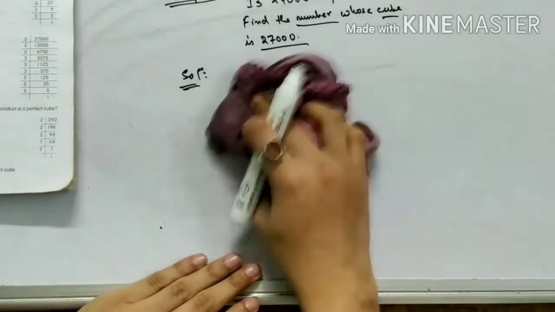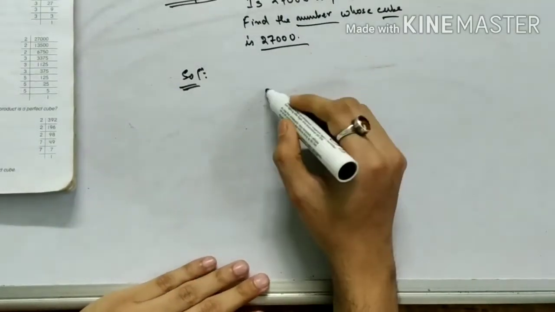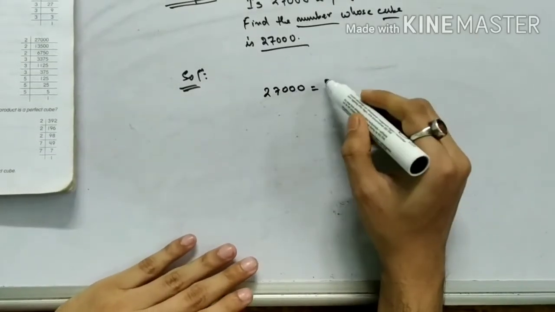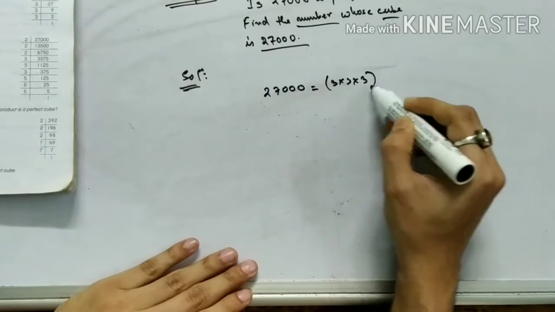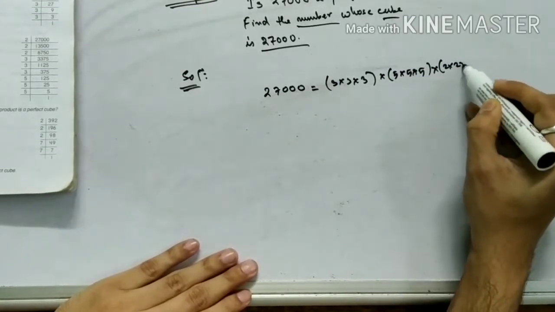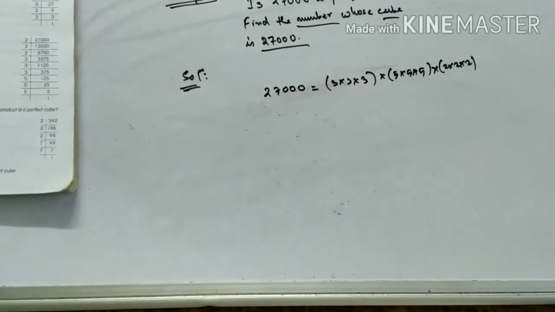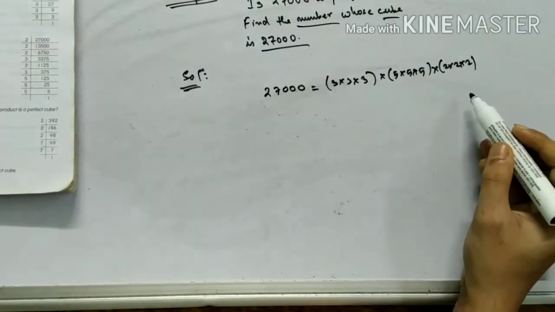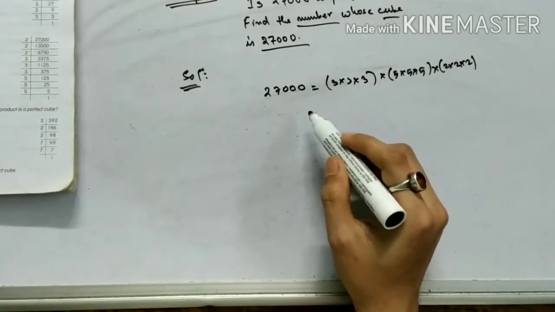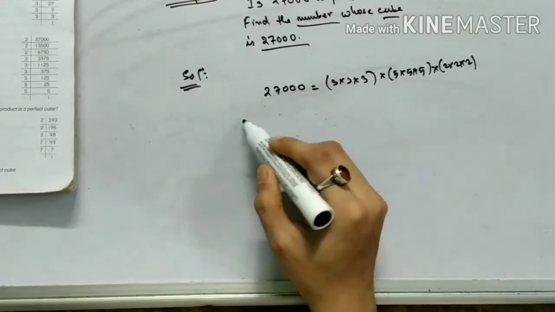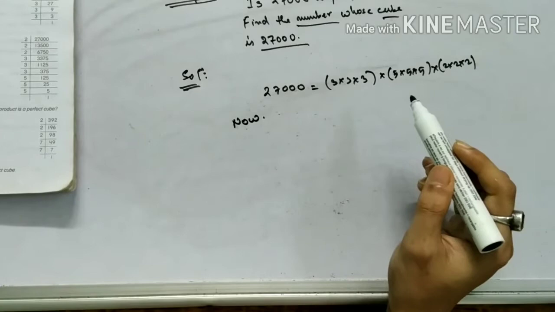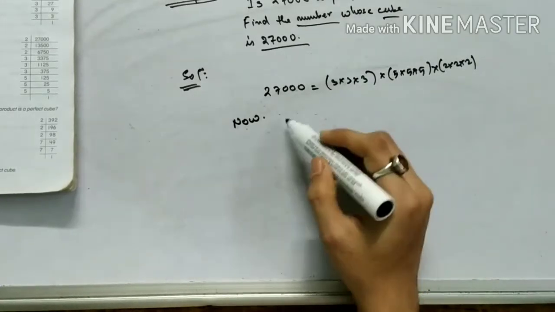So you see, when we did the prime factorization, we got 3 into 3 into 3 into 5 into 5 into 5 into 2 into 2 into 2. This one I got. Now, find the number whose cube is 27000.